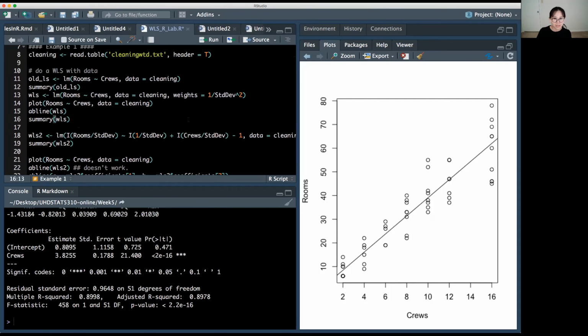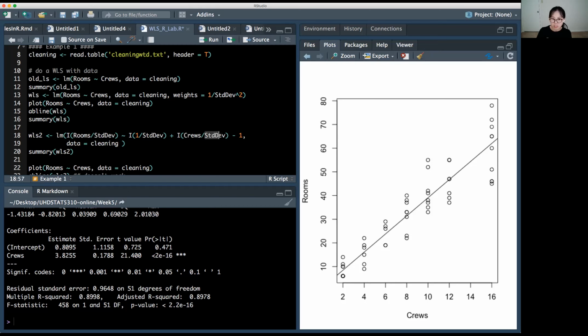I provide here an alternative way to do this weighted least square, where you manually add the weight to your variables. Here the y value is divided by the standard deviation of y, so this is your new transformed y, and this is your new transformed x value, also divided by the standard deviation.